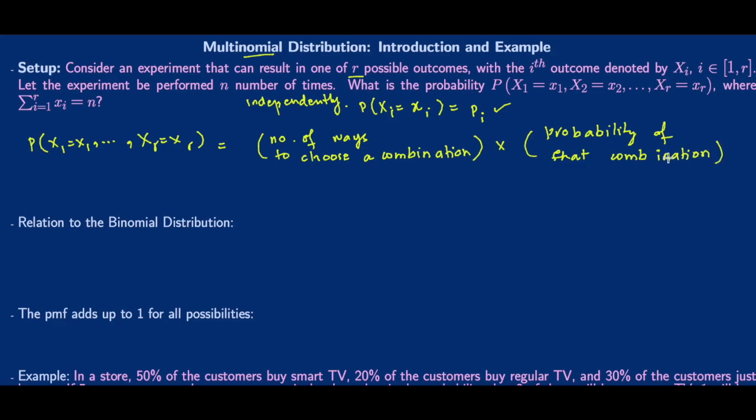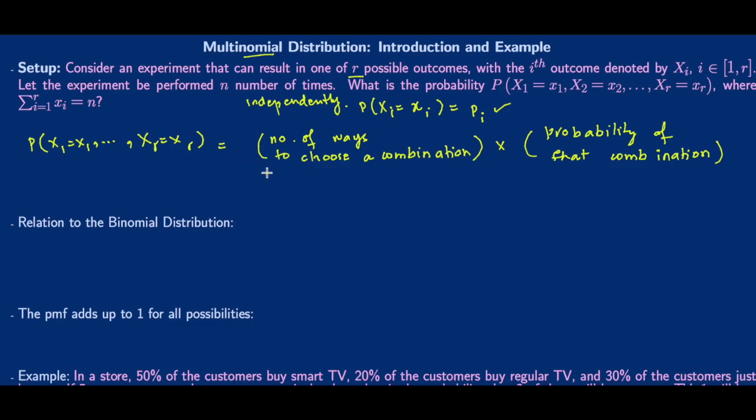So what is the number of ways we can choose from n such that the first type has a count of x1, the second type has a count of x2, and the rth type has a count of xr?